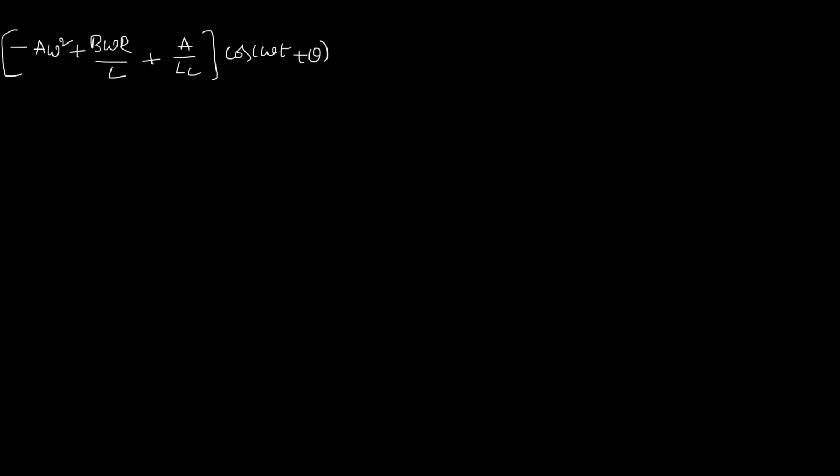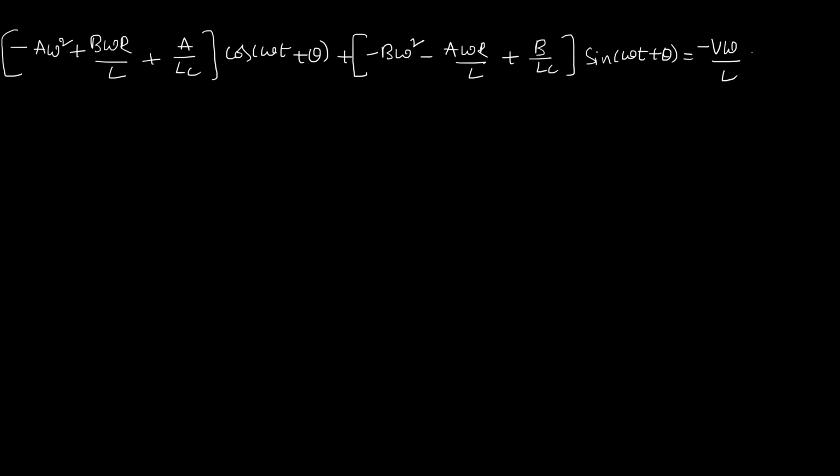The sine coefficient is minus b omega square minus a omega r by l plus b by lc, multiplying sine(omega t plus theta), equal to minus v omega by l sine(omega t plus theta).